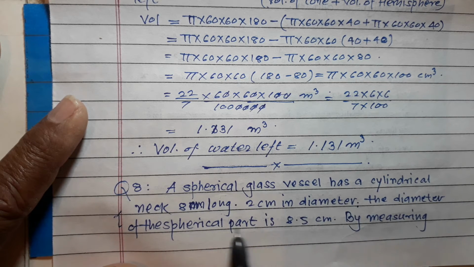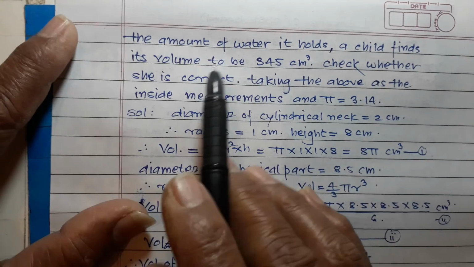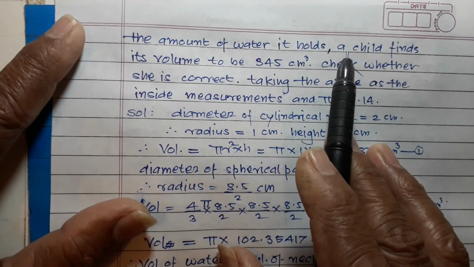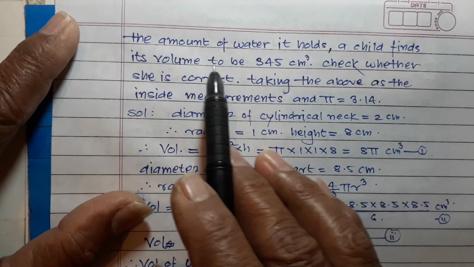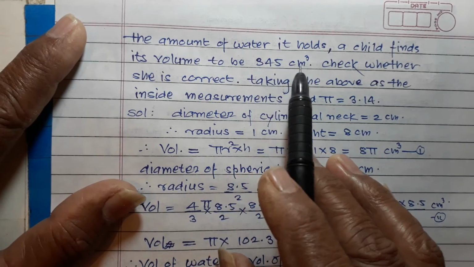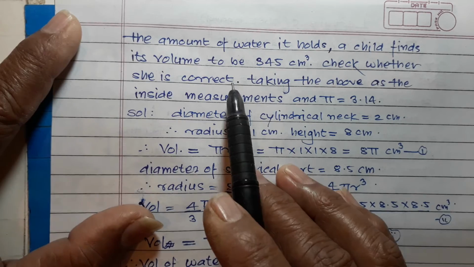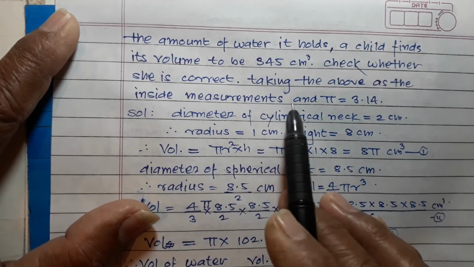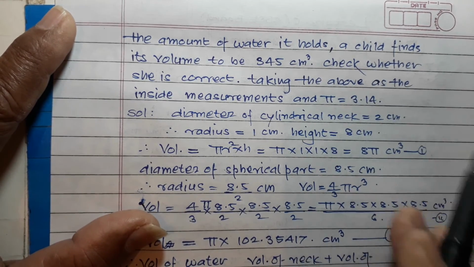By measuring the amount of water it holds, a child finds its volume to be 345 cm cube. Check whether she is correct, taking the above as inside measurement and pi is equal to 3.14.